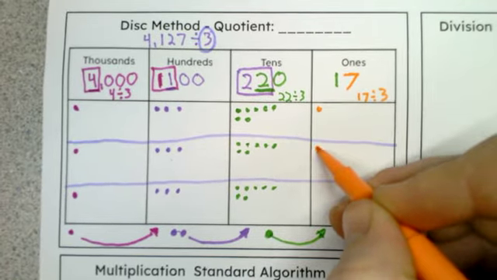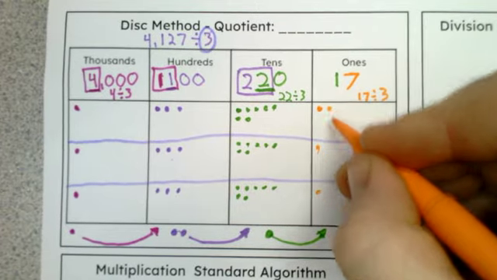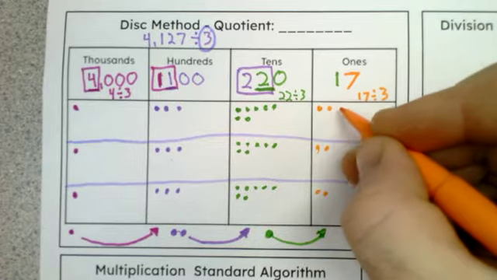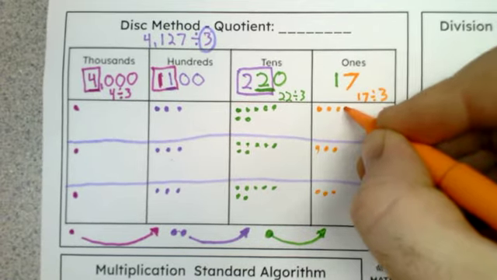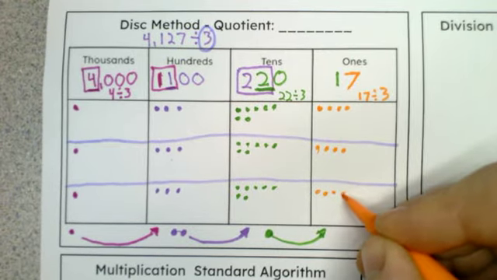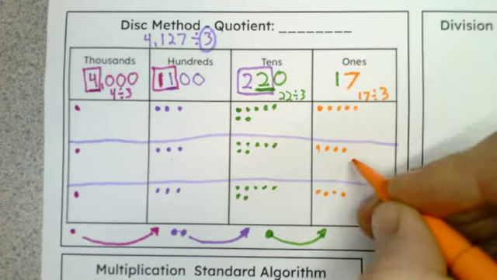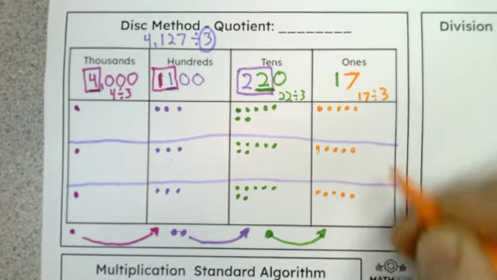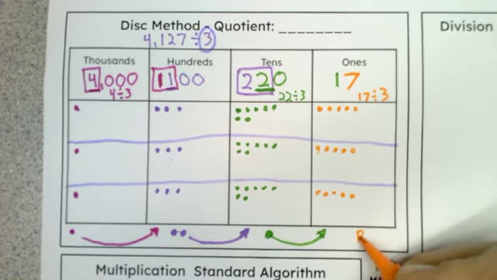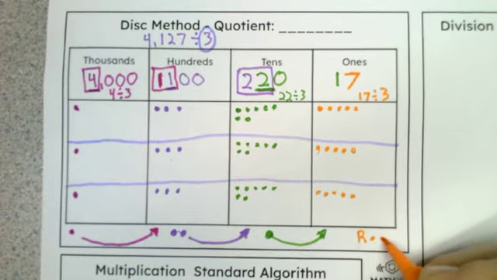So 1, 2, 3, 4, 5, 6, 7, 8, 9, 10, 11, 12, 13, 14, 15. And I have these 2 left over, so it's not going to be even. So I'm going to have a remainder of 2.